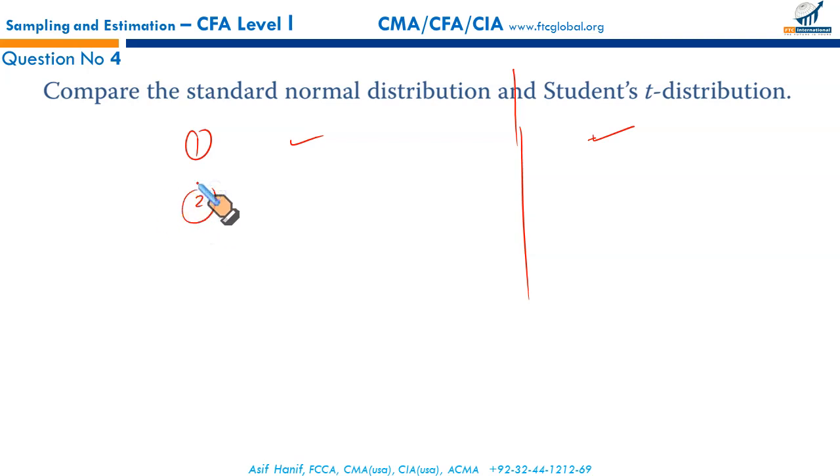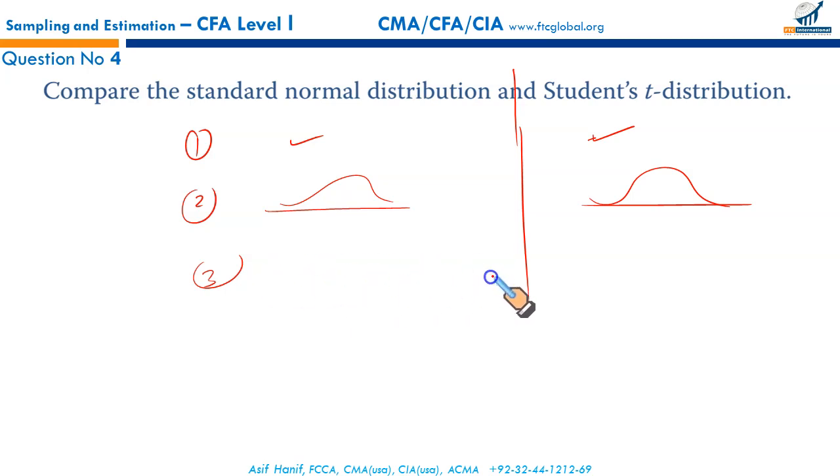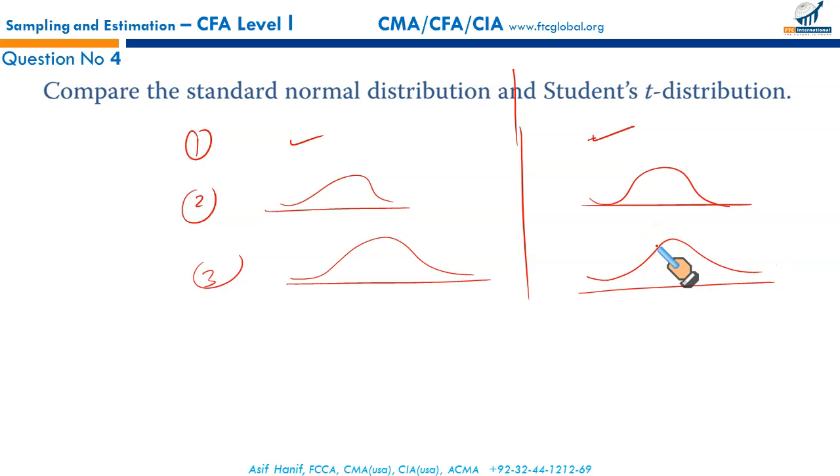Second, the normal distribution and the t distribution for a large number of degrees of freedom are practically the same. Third, the normal distribution has thin tails, whereas the t distribution has fatter tails and less data in the center. And there can be others. I hope you have gone through your reading related to this specific topic. So moving on.